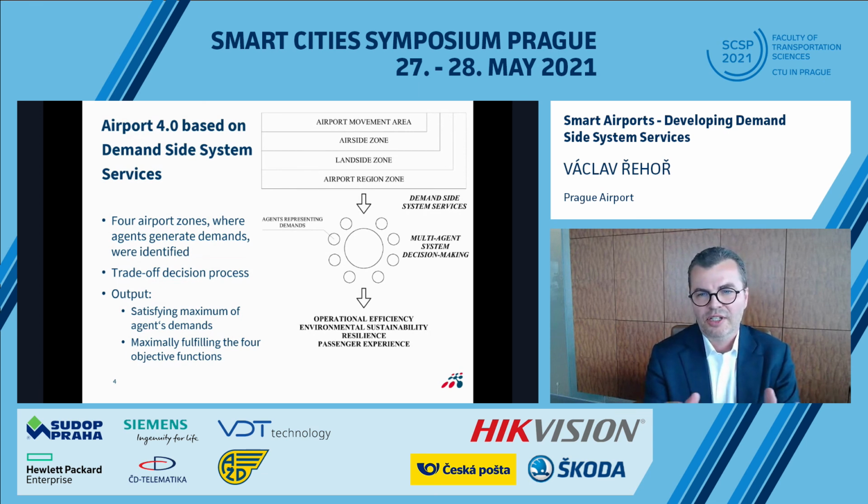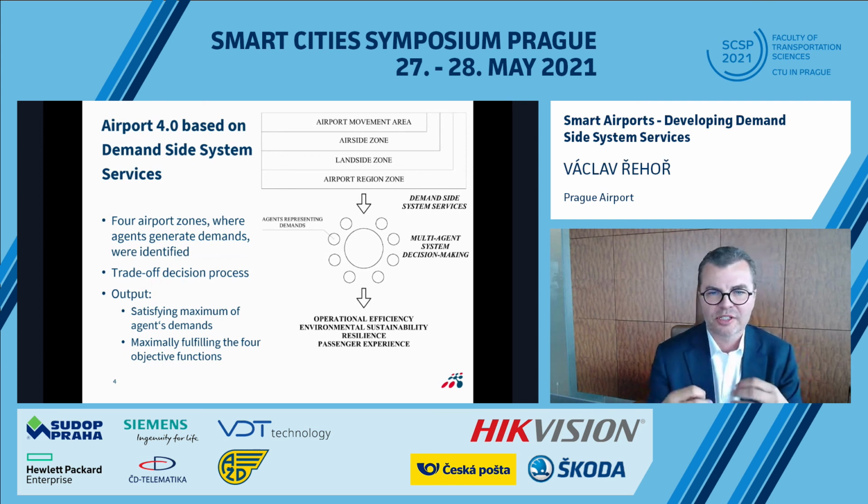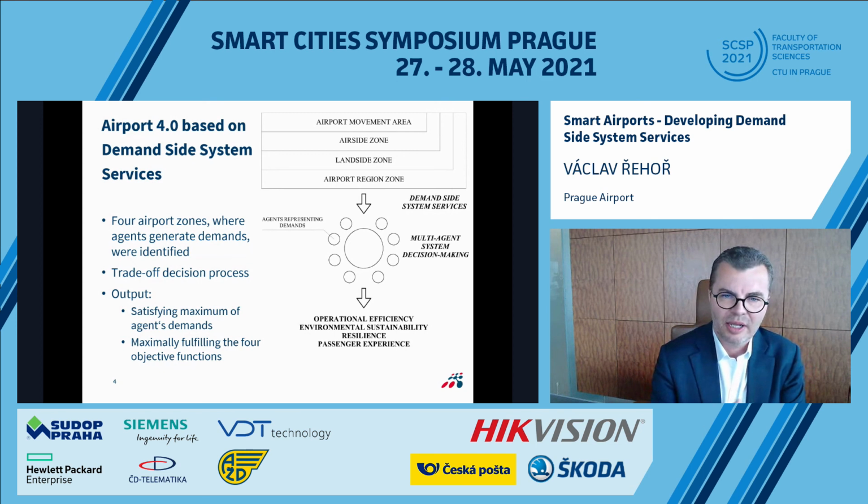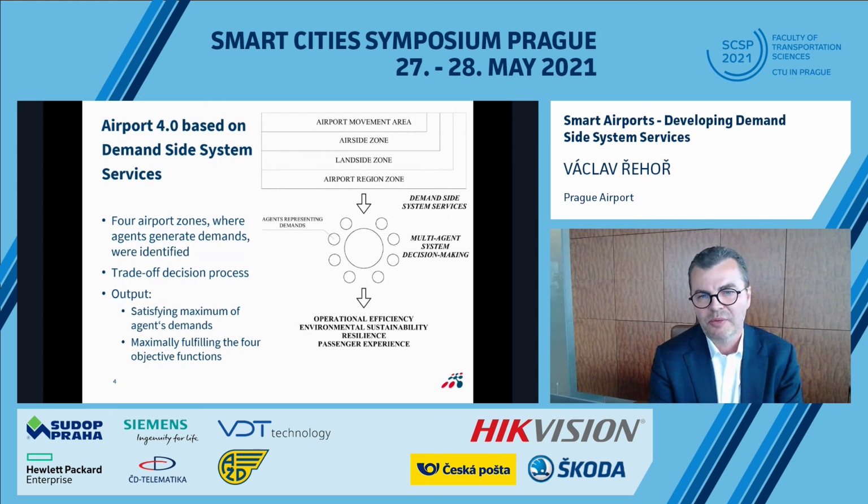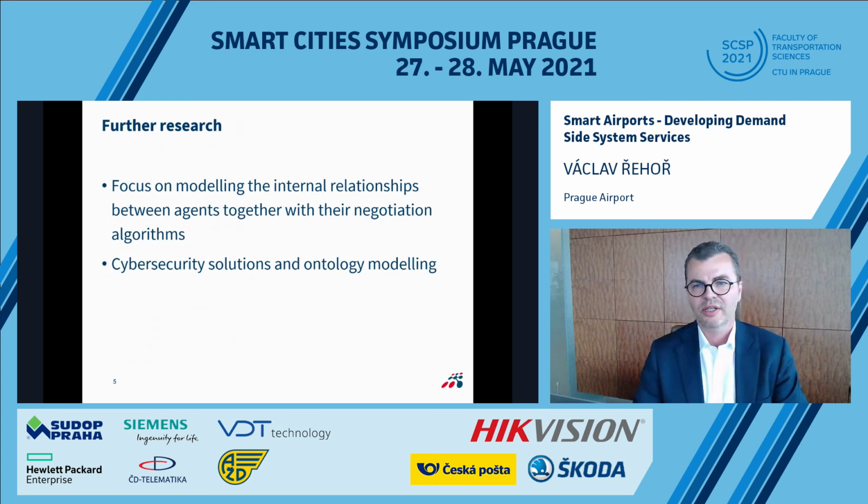So we can, for example, model what we have to do as the airport and as the city using the information when a certain number of people are traveling to the airport from downtown through Evropská Street, which is basically the link between downtown Prague and Prague Airport. And we can slow down the traffic. We can speed up the traffic. We can check whether we still have passengers in those vehicles, and what we can actually do about it.